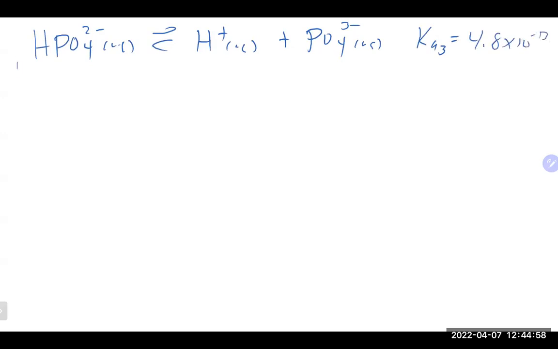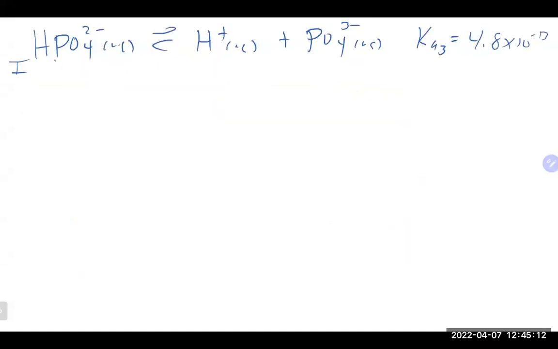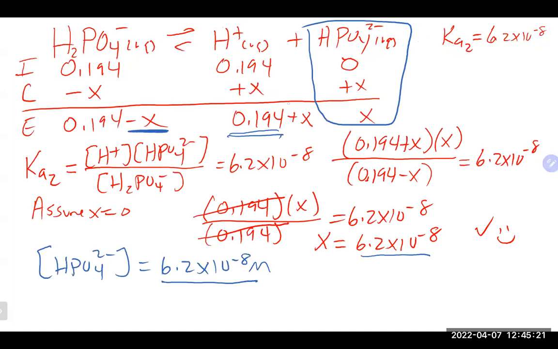Again, just like previously, our initial concentrations are going to come from the equilibrium of the last table. So last table, we have 6.2 times 10 to the minus 8 for this guy. How about hydrogen? Do we still have hydrogen there? We do, and it is still the same concentration that it started with, which is 0.194 in this case.